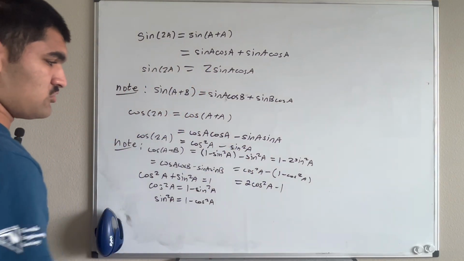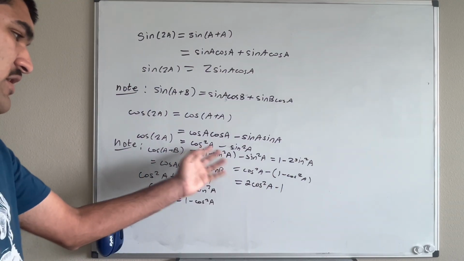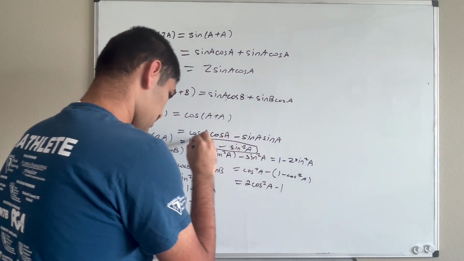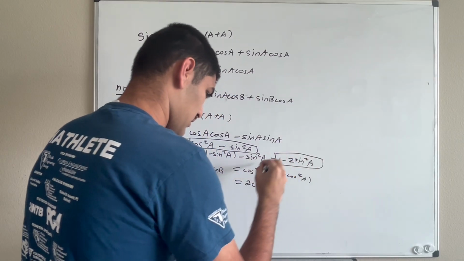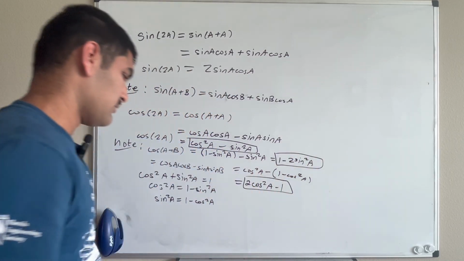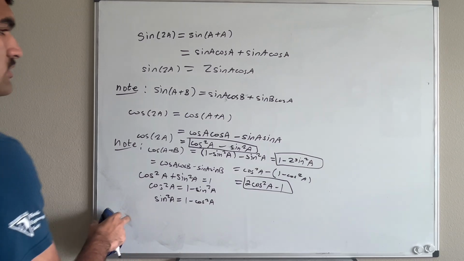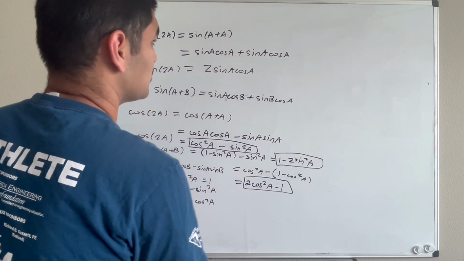So that's how you get the 3 different representations for cosine of 2a. Okay, so you have this one, then you have this one, and then finally this one. All right, coolio.